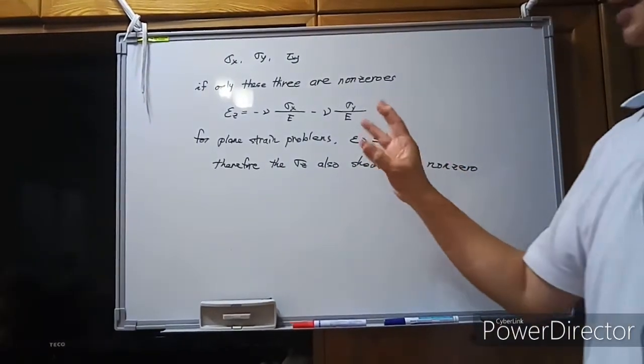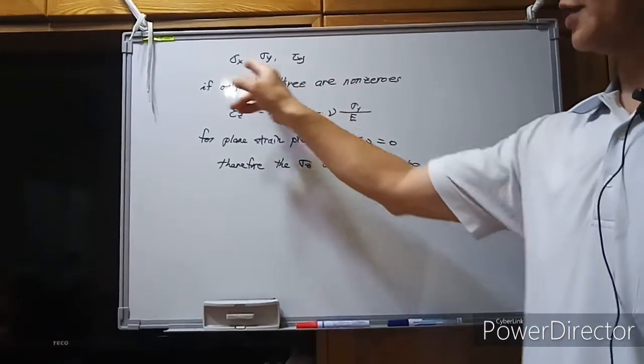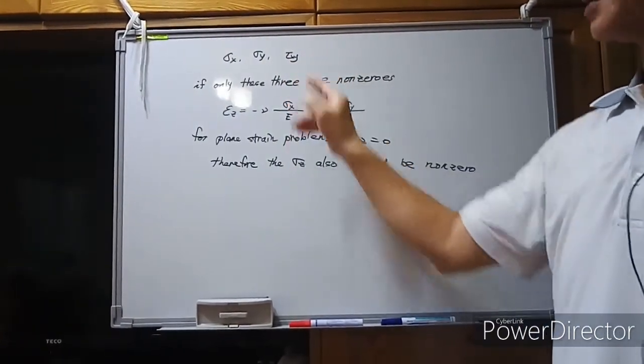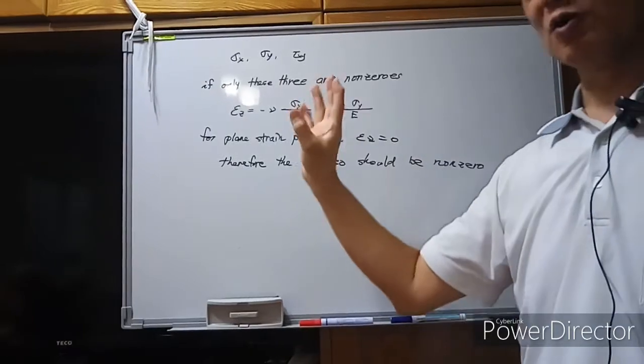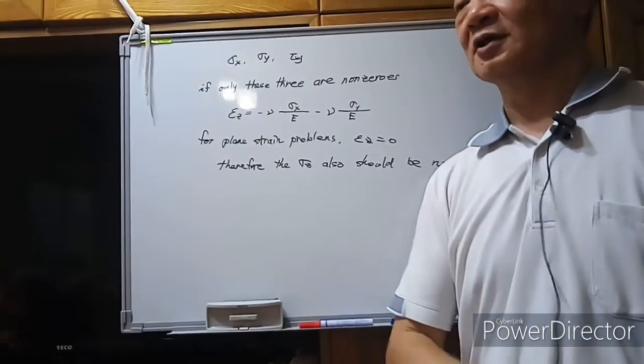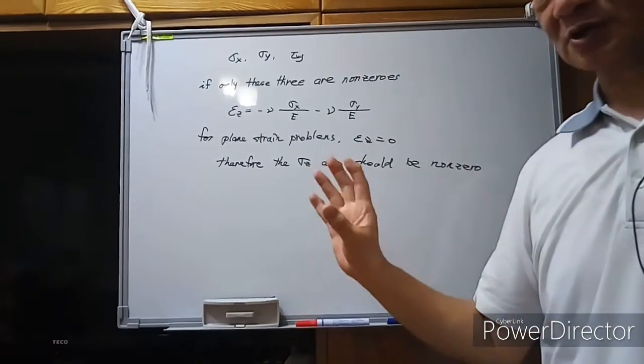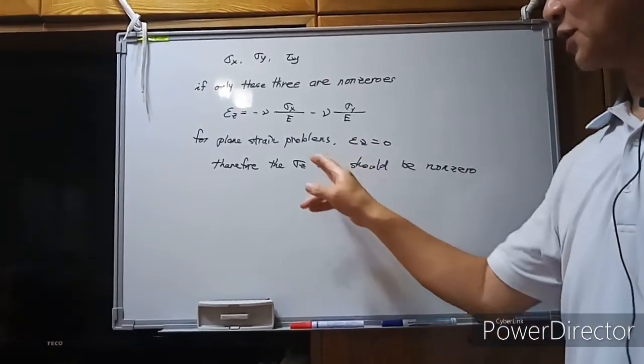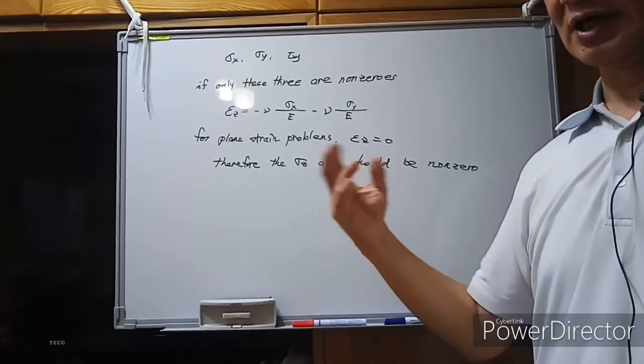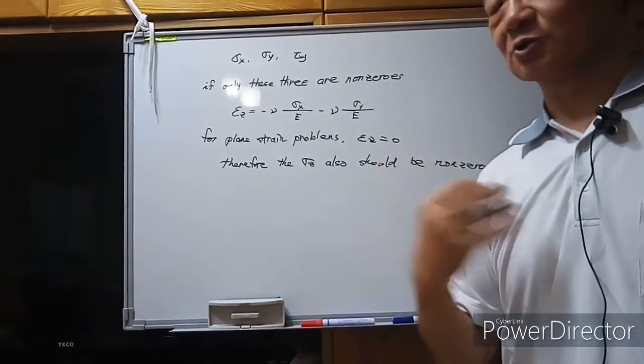So for the plane strain problems, we have four non-zero stresses, including sigma z, but we have only three non-zero strains.